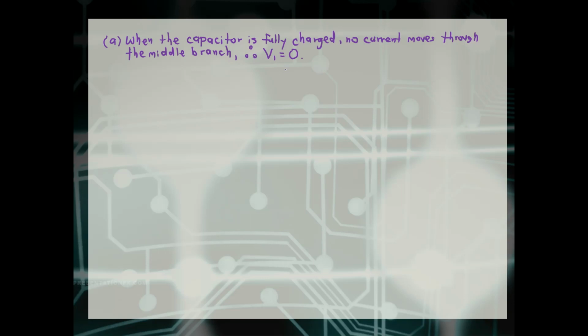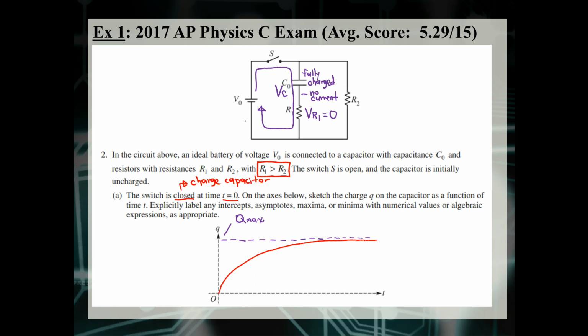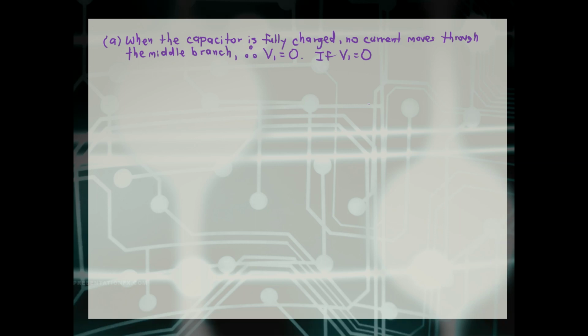So if V1 is 0, if we go back to the picture and look at our loop rule, you would only have voltage gained across the battery and voltage lost across the capacitor. So that tells us the voltage across the capacitor would just be equal to the battery voltage, and that's because they are in parallel.